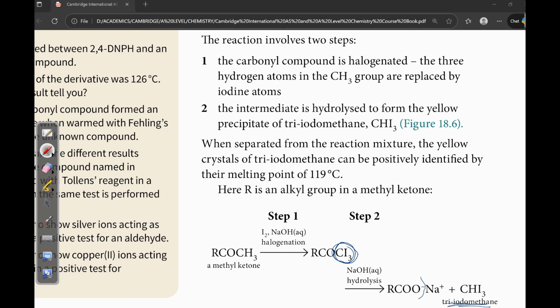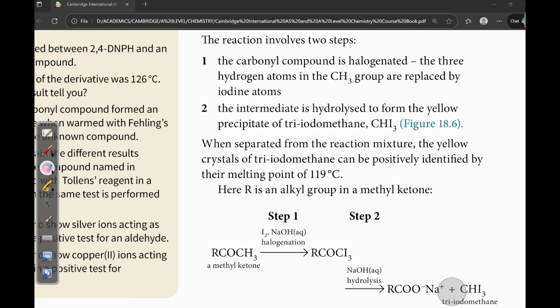Then you have the triiodomethane, which happens to be the yellow precipitate. Then the remaining part will be the organic salt. I'm putting off the sodium and leaving it as a conjugate base, because it can receive a proton.